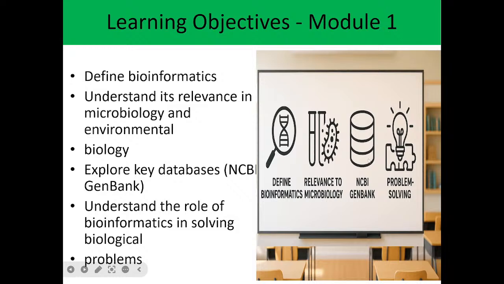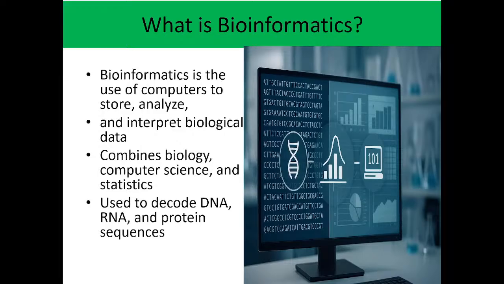Then apart from that, you should be able to use NCBI and GenBank to analyze and retrieve your data. Then finally, you should be able to use bioinformatics to be a source of illumination for every one of us in solving biological problems.